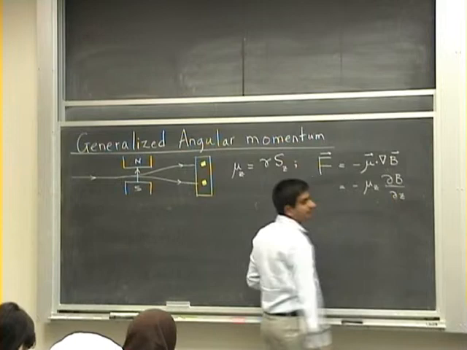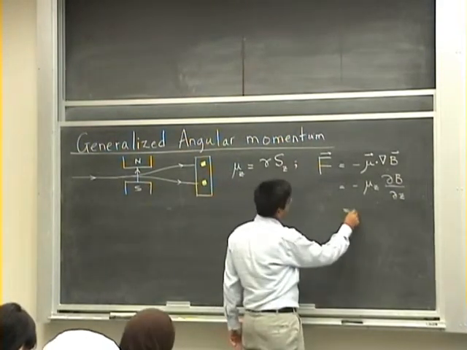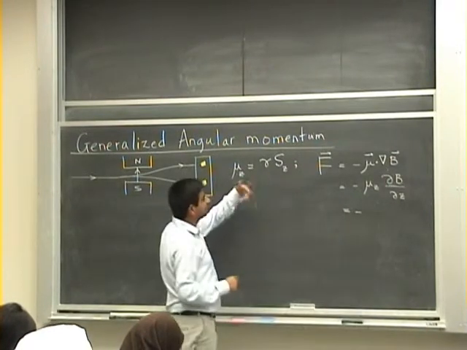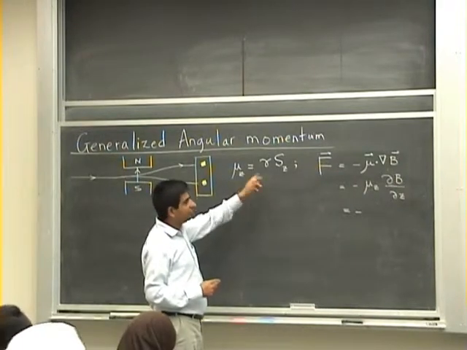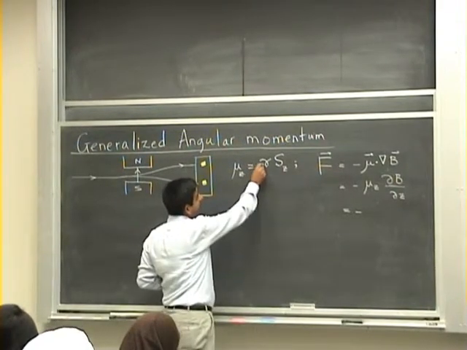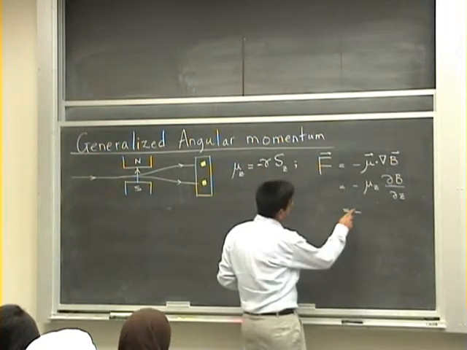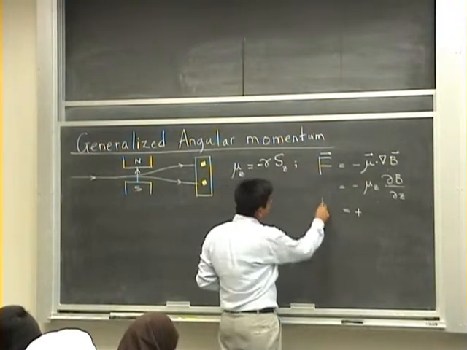Now mu z is given by gamma Sz, and gamma in itself is negative for an electron. So if I take this gamma to be positive, I can put a negative sign here. The force becomes the magnitude of the force.